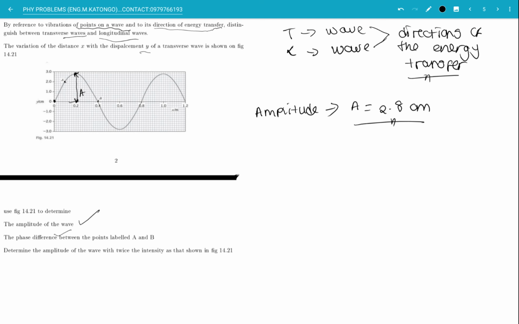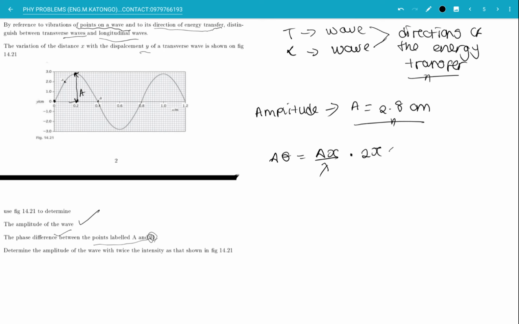Okay, so let's get to the other part of the question. The phase difference between point A and point B. Phase difference is basically given by the change in theta, or the change in the phase, is equal to the change in x over lambda, which is the wavelength, multiplied by 2 pi.